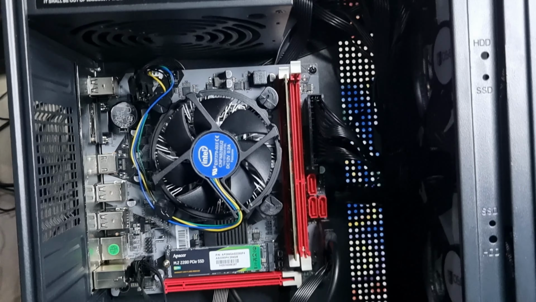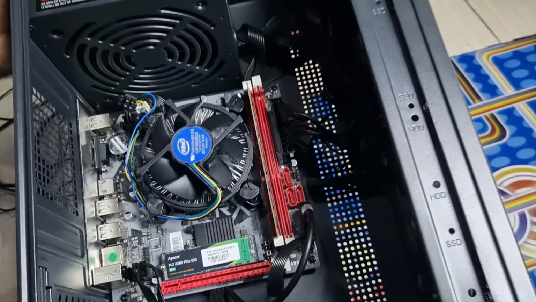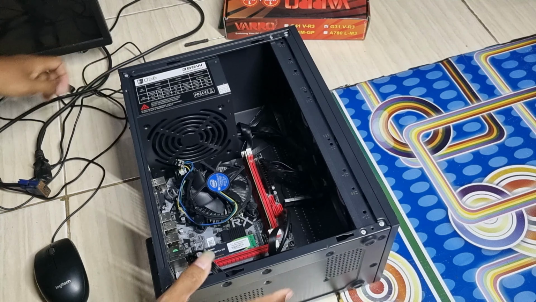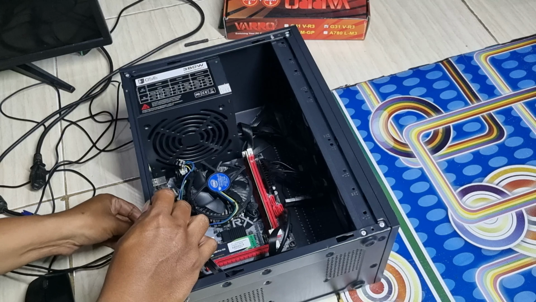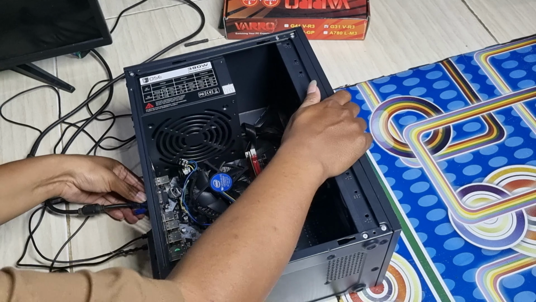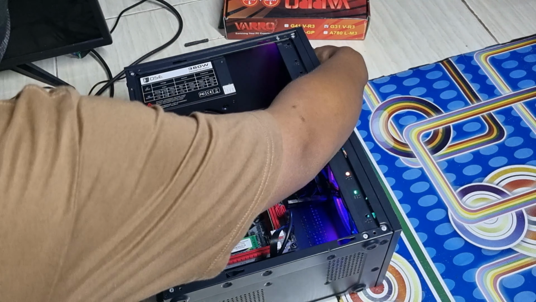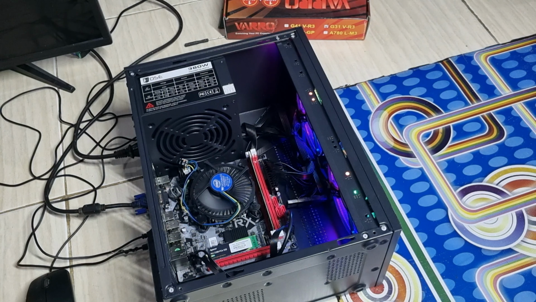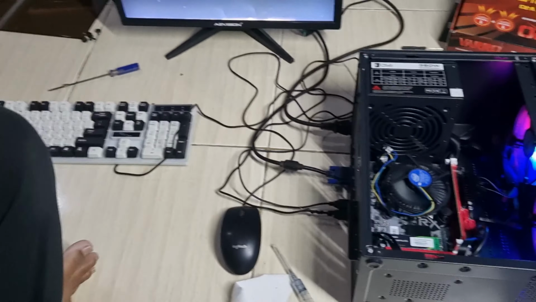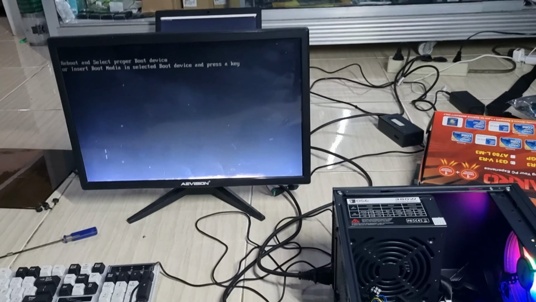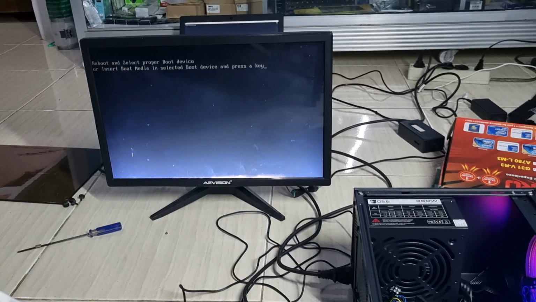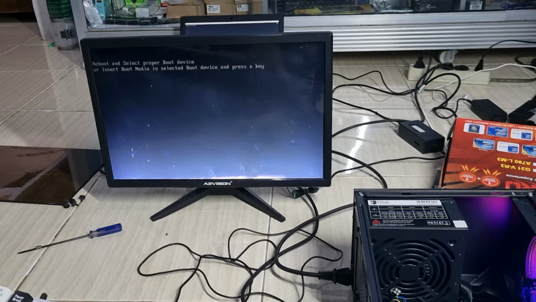It is ready, so let's try turning on the computer. Great! Now there is a display on the LCD monitor, which means the motherboard is definitely damaged.